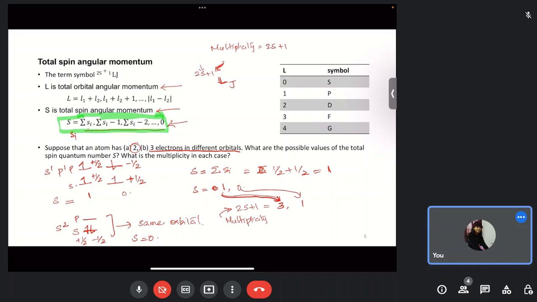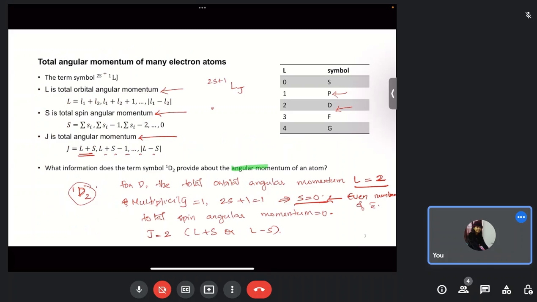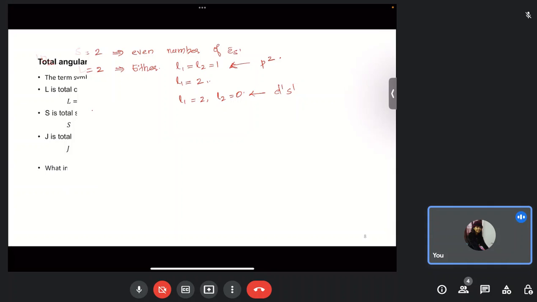Then we went over what we can infer about the angular momentum of an atom given a term symbol, and we also saw how to find the electronic configuration given a term symbol: what all electronic configurations can give rise to this particular term symbol.